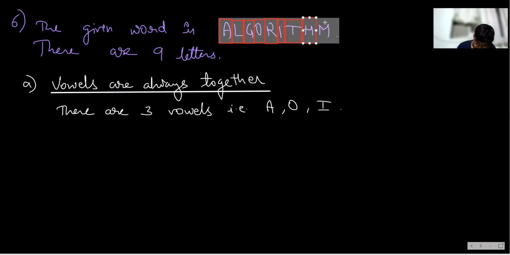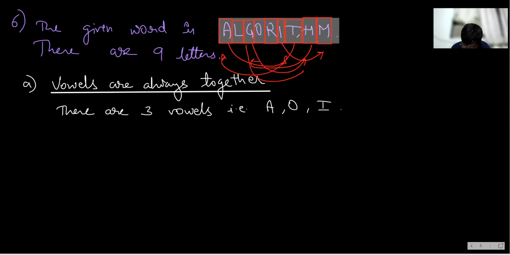Each one of them is one unit, so there are a total of 9 units. Now, when you are arranging all these 9 units amongst themselves, any unit can go at any place.